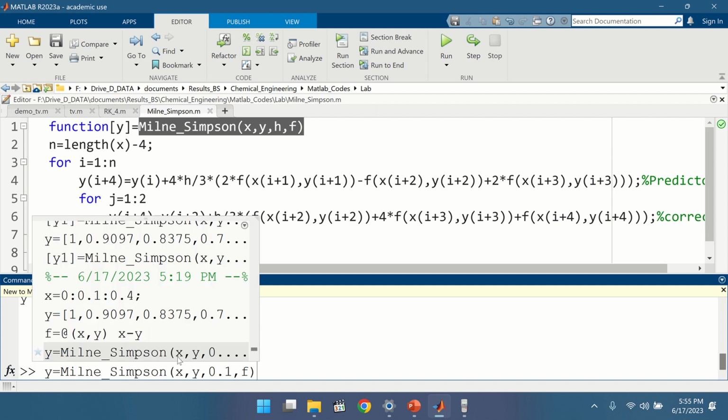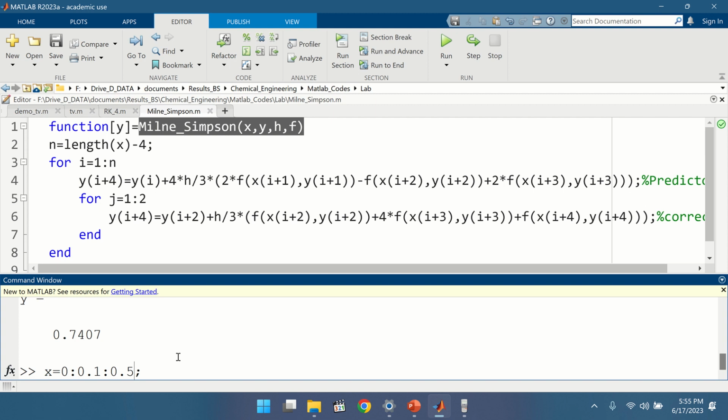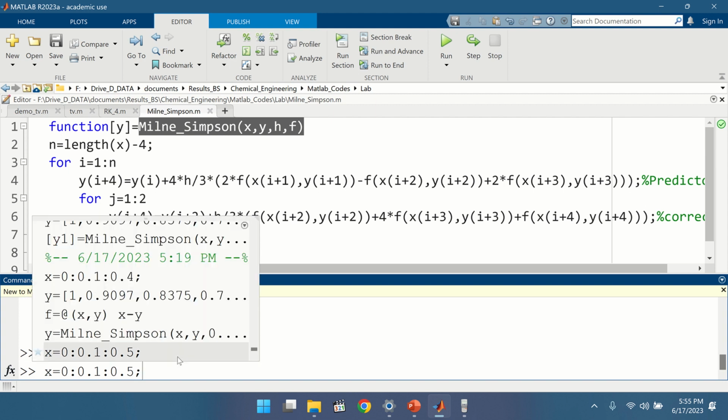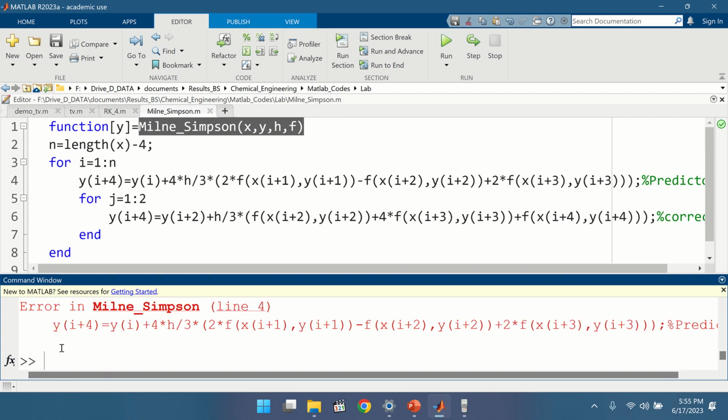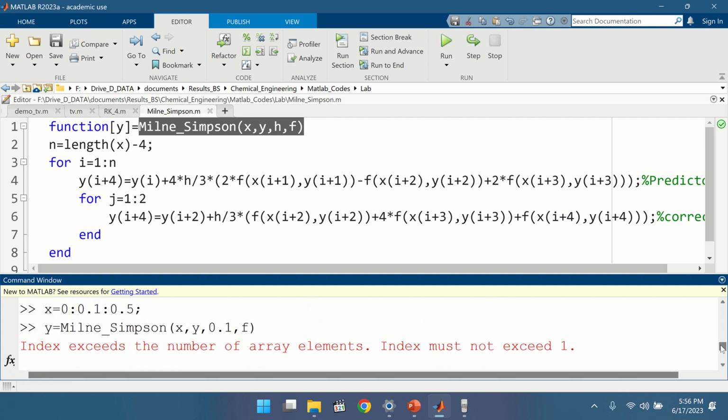If you increase the value of x, like if we want to go to 0.5, it will find the value at 0.5 as well. The rest is the same, so we go to the code, and then we'll have two values.